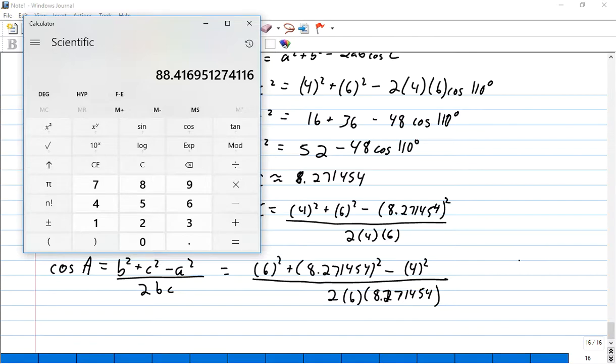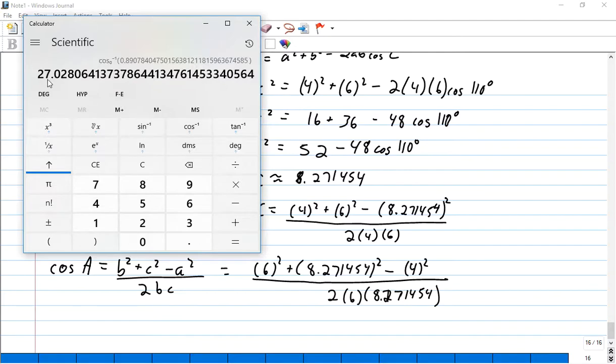Now, either write that down and then multiply the denominator and write that down and divide, or since you're multiplying all these numbers on the bottom, you can divide them each separately. So divided by 2 equals divided by 6 equals divided by 8.271454 equals, and then do second cosine, so inverse cosine.